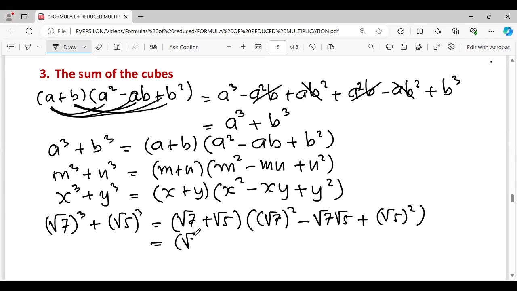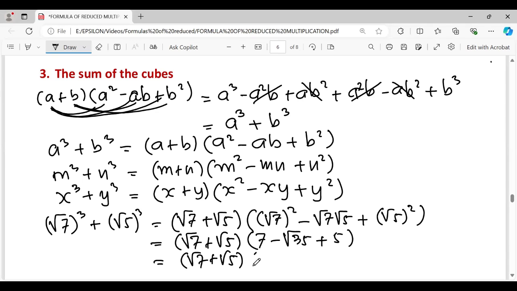And it becomes (square root 7 plus square root 5) multiply (7 minus square root 35 plus 5). So it becomes (square root 7 plus square root 5) multiply (12 minus square root 35), because 7 plus 5 is 12.